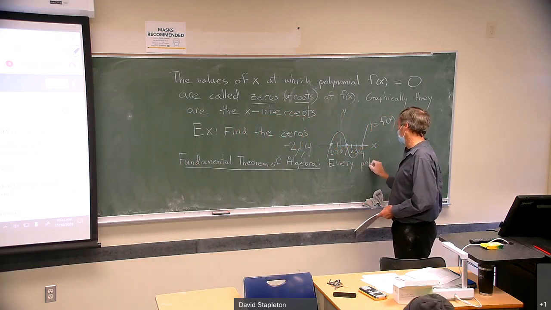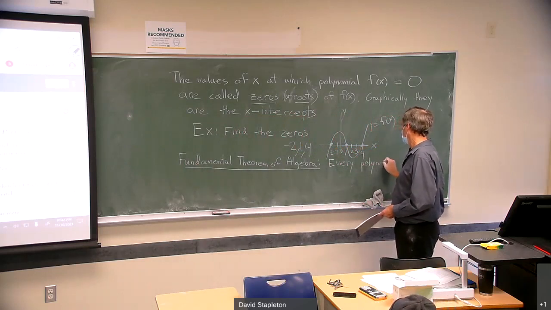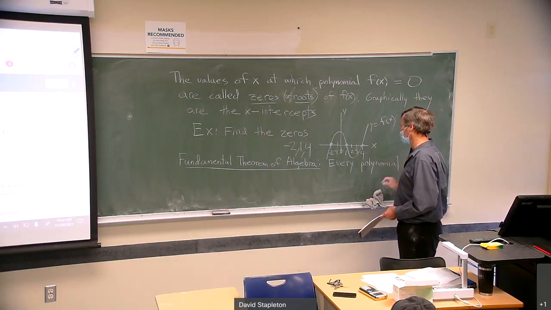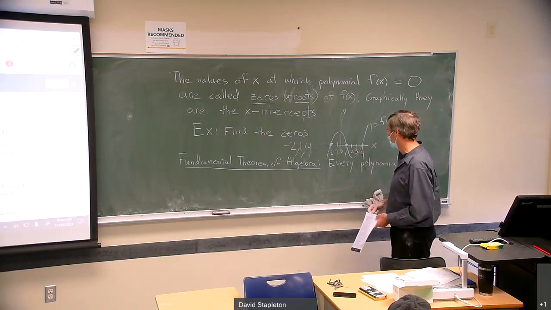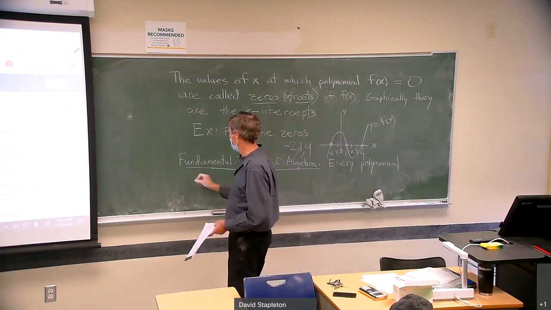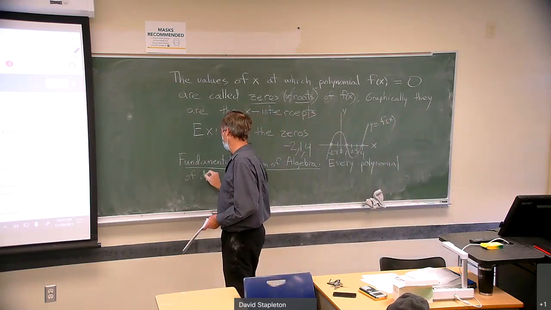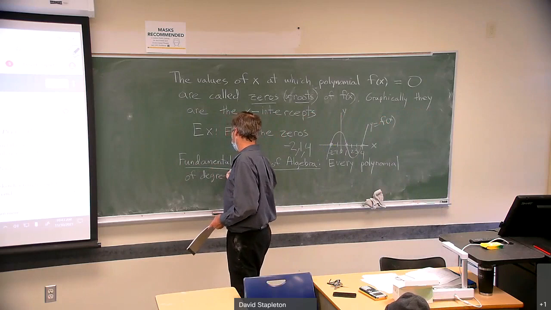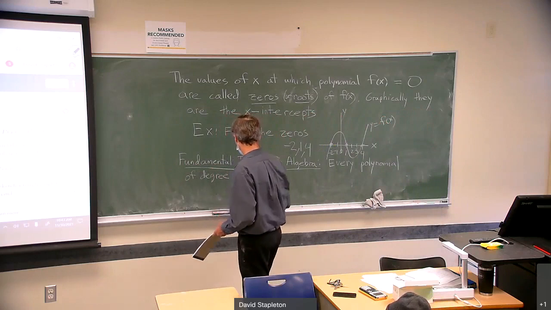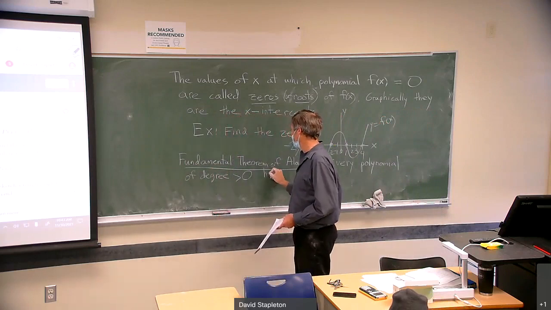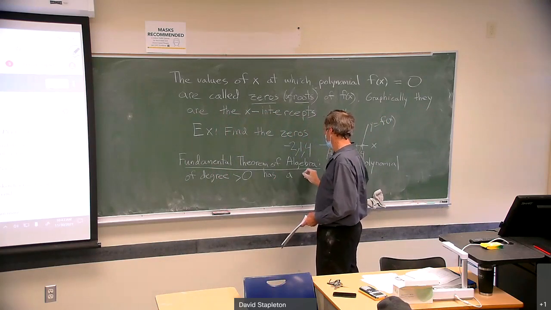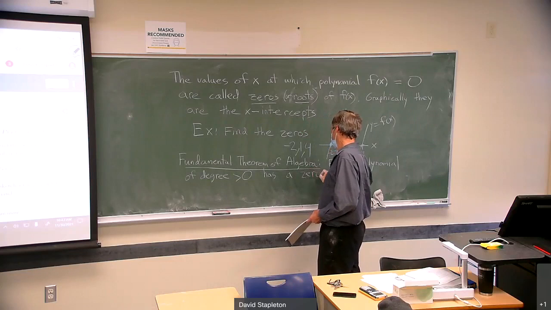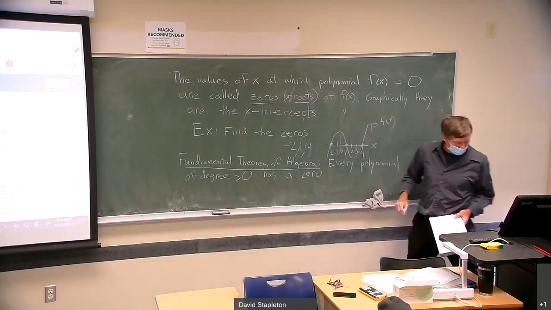Every polynomial, and actually this applies whether the coefficients are real numbers or complex numbers with square root of -1, every polynomial of degree greater than 0 has a 0, has at least one 0.